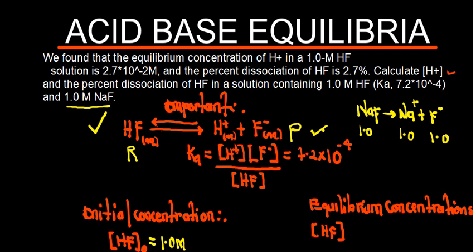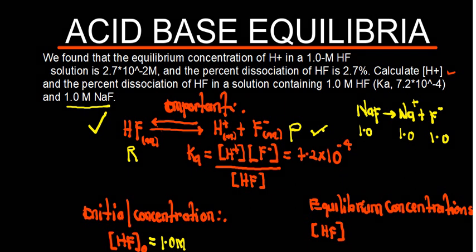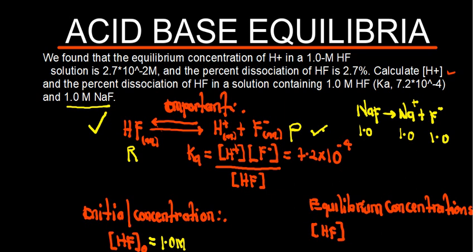So throughout this reaction, what we have here is 1.0 for the sodium fluoride, 1.0 for the sodium ion, and also 1.0 for the fluorine ion. This works for any strong bases and strong acids. I'll repeat that: strong acids and strong bases completely dissociate, and their concentrations are equal, starting from what we had on the side of the reactants.